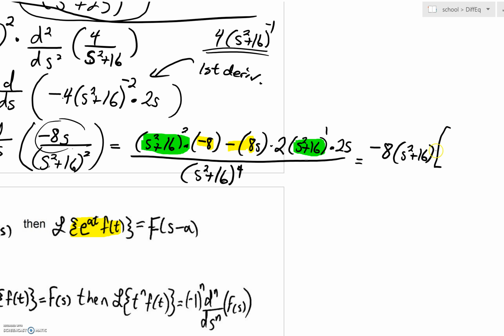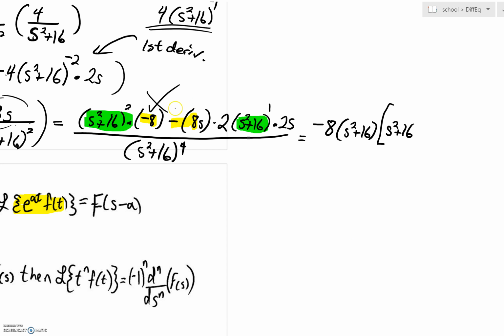But then what's left? Well, this negative 8 was gone, and one of these factors of s squared plus 16 is gone. I'm just going to have one of them left. A negative 8 is gone, so I'm going to be left with a plus. I do have an s left, I do have a 2 left and a 25. 2 times 25 is 50, and I'm going to have a 50s.